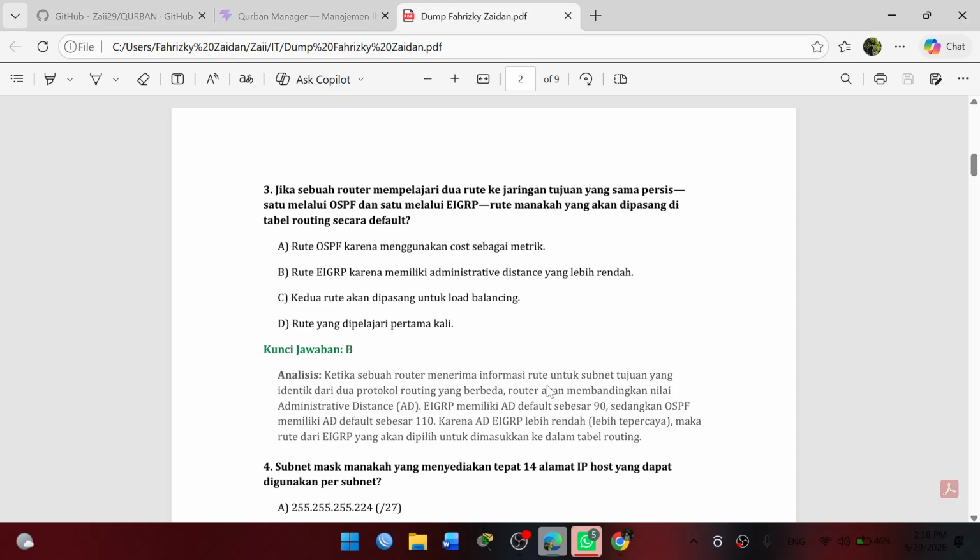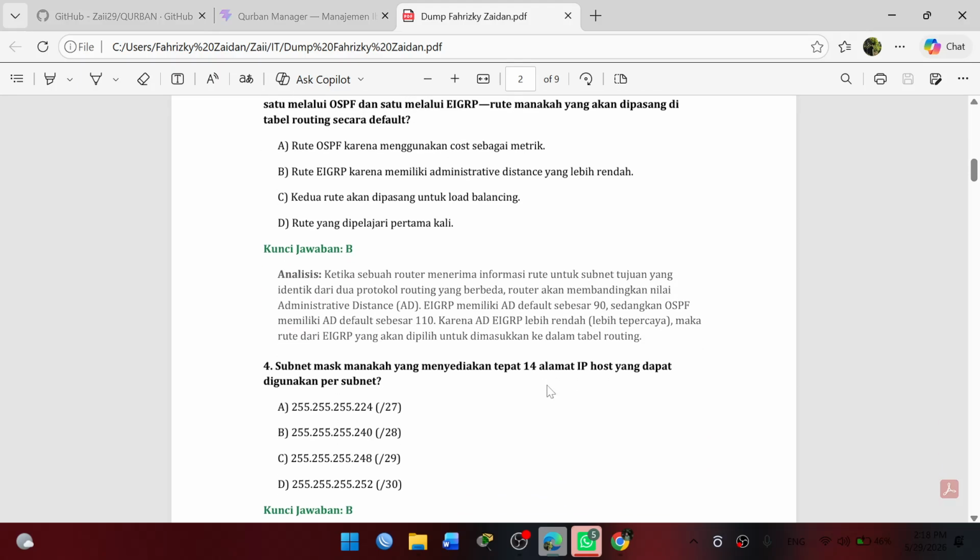Since EIGRP has a default AD of 90 and OSPF has a default AD of 110, the router chooses EIGRP because it has a lower, more trusted administrative distance.